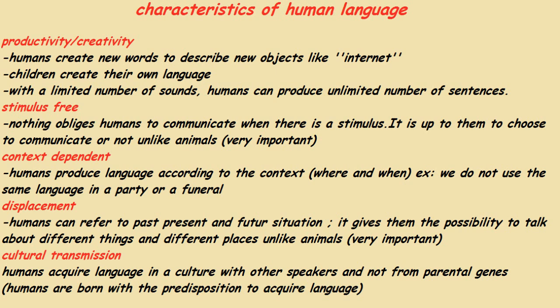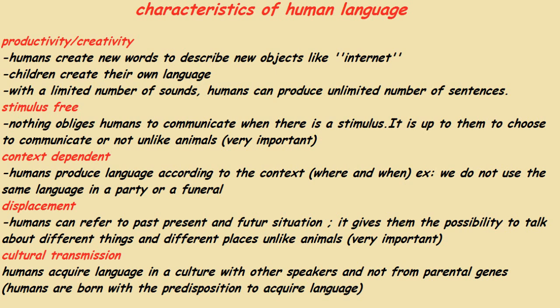The third characteristic is context dependent. Alright, this is quite important. Humans produce language according to the context or the situation, which means when and where, for example. We do not use the same language in a party or in a funeral.